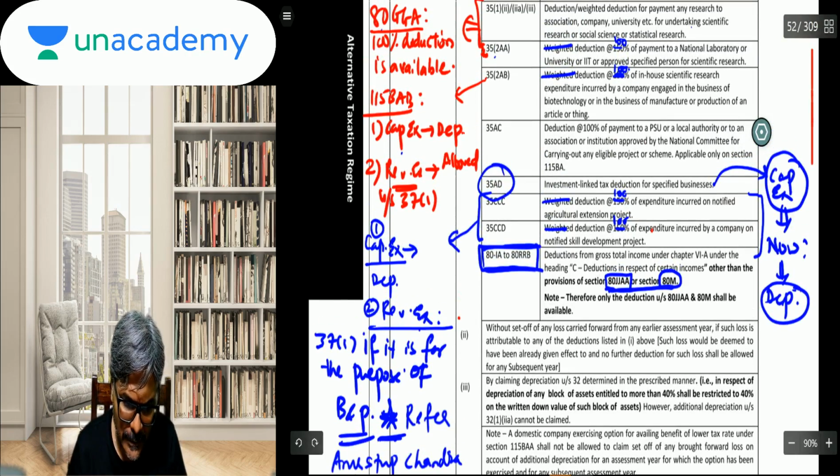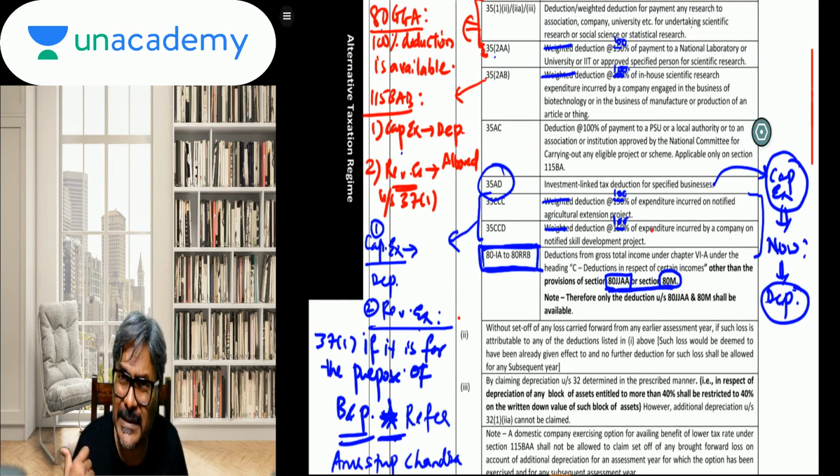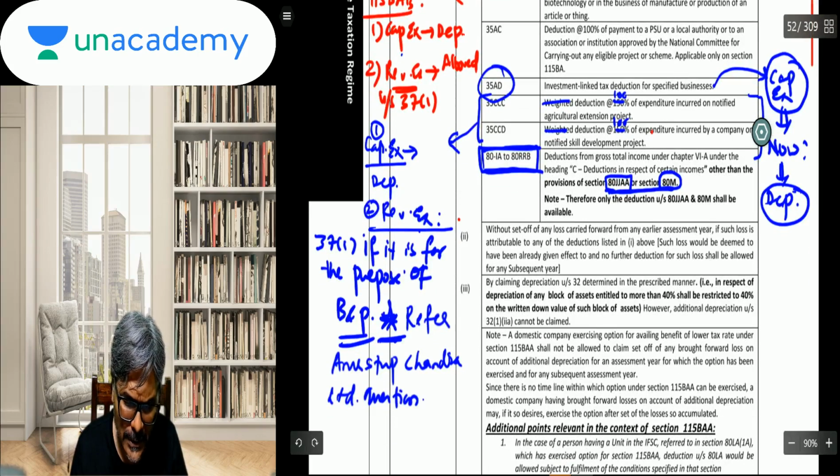Apart from that, students, I've discussed it over there, Anustup Chandra Limited's question.